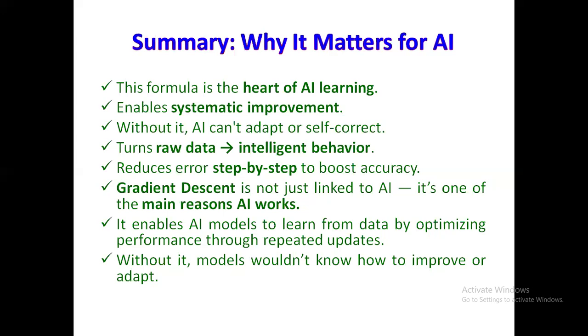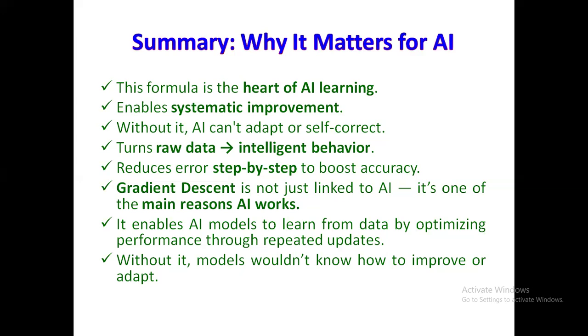Without this method of updating parameters, an AI system would remain static and incapable of learning from new information. This formula bridges the gap between raw data and intelligent behavior, empowering models to make better decisions over time.